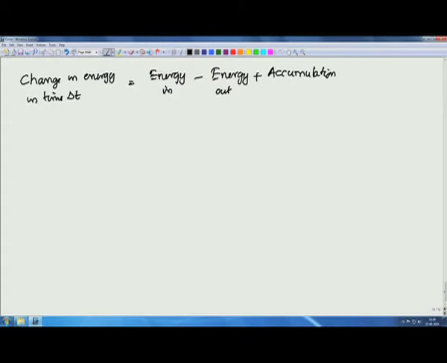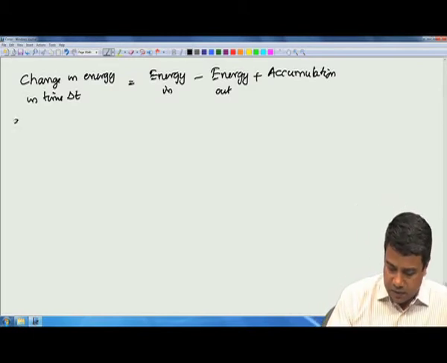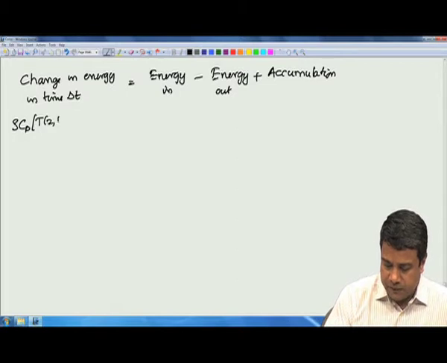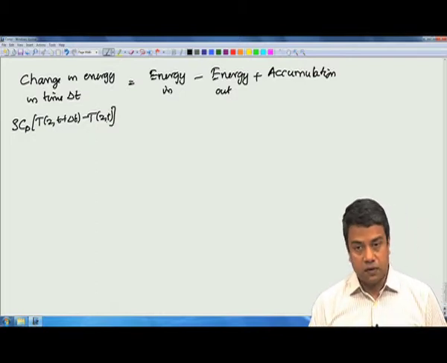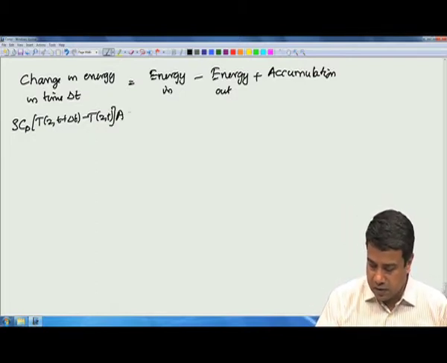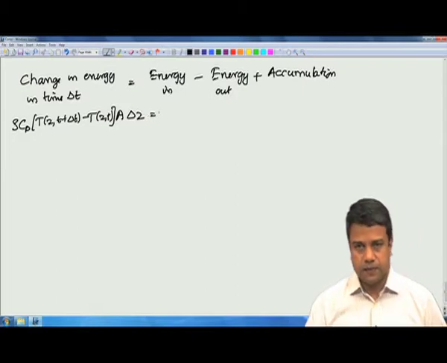That is a basic balance. The change in energy in a time delta t, I had said, was equal to rho Cp into T at z, t plus delta t minus T at z, t, into the volume, that is the area into the height.